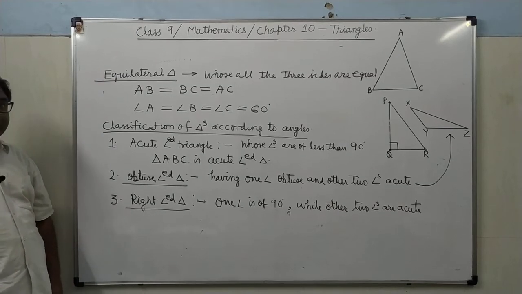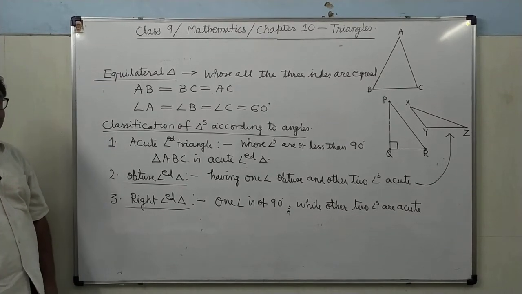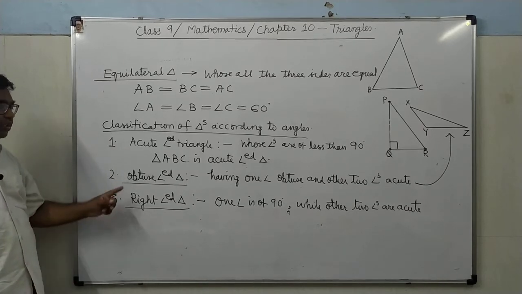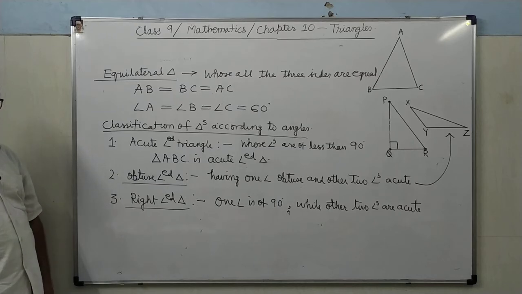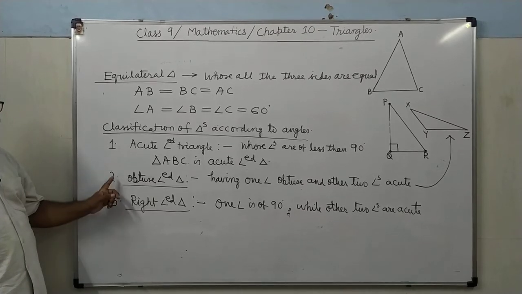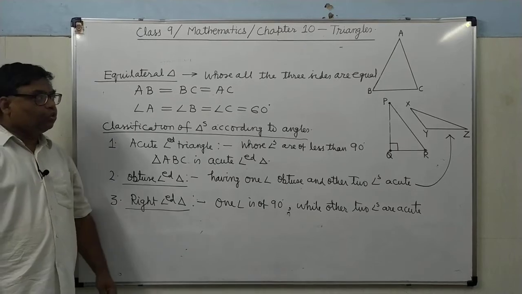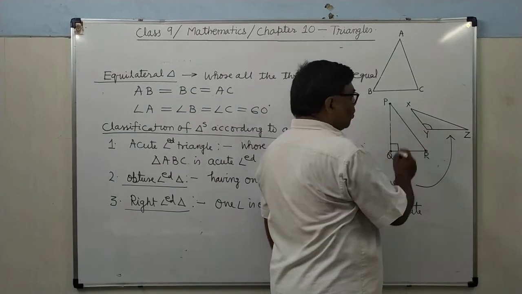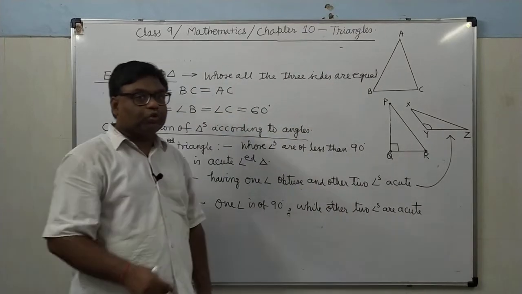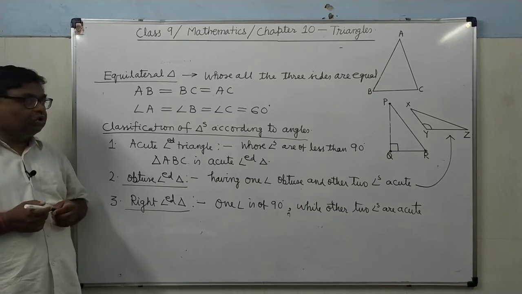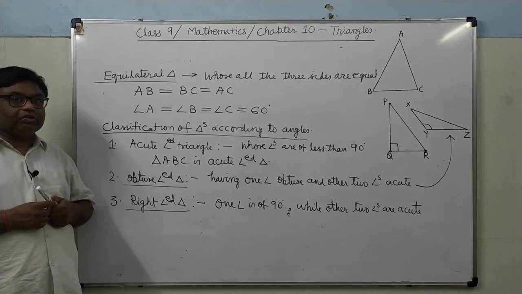Similarly, a triangle can have at most one obtuse angle. There cannot be two obtuse angles because the measure of an obtuse angle is more than 90 degrees and less than 180 degrees. When a triangle has two obtuse angles, the measure of those two angles will become more than 180 degrees, which is not possible, because we know the sum of all the angles of a triangle equals 180 degrees.